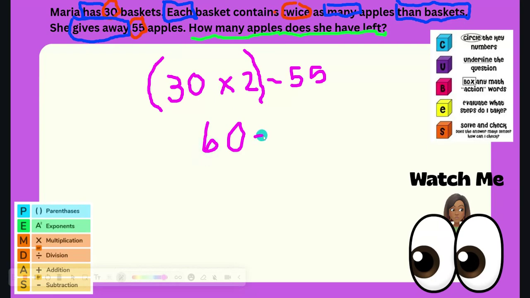I'm going to bring everything else down, minus 55. And when I subtract, because I don't have anything left to do, 60 minus 55 is 5. So how many apples does she have left? She has 5 apples left.